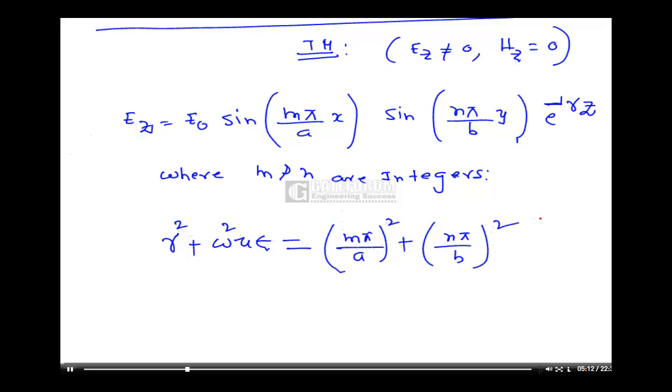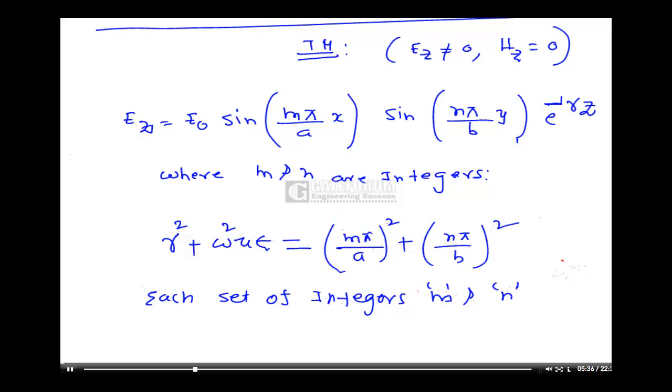Each set of integers m and n gives a different field pattern, because m and n may take different values: m is equal to 0, 1, and so on, n is equal to 0, 1, and so on.